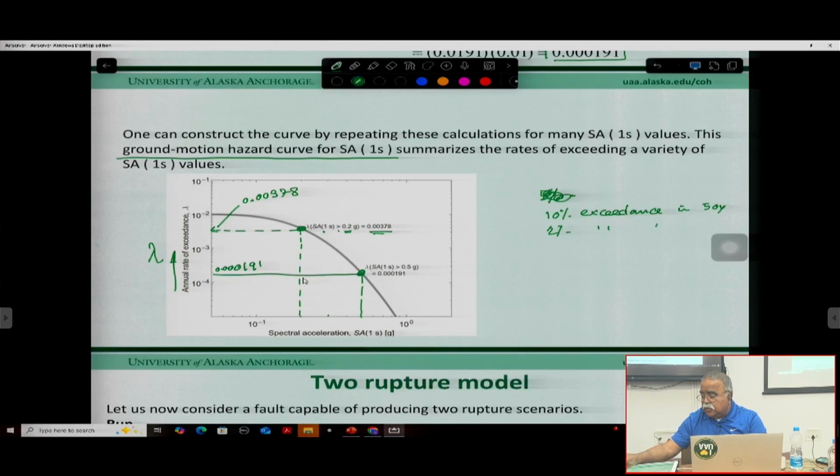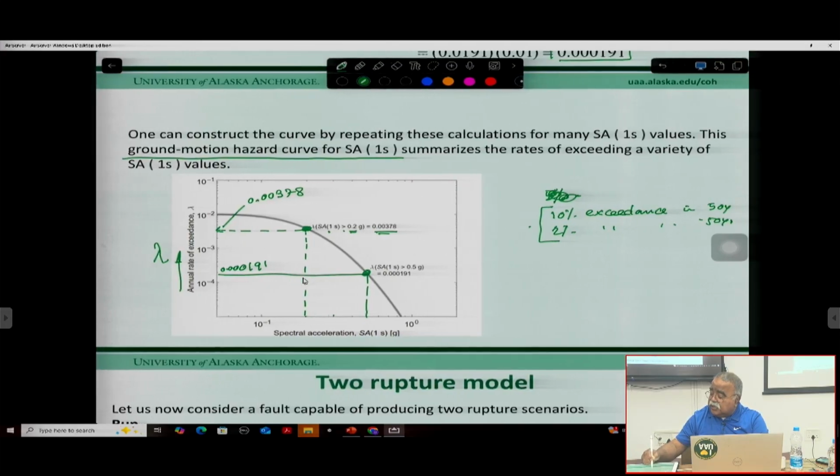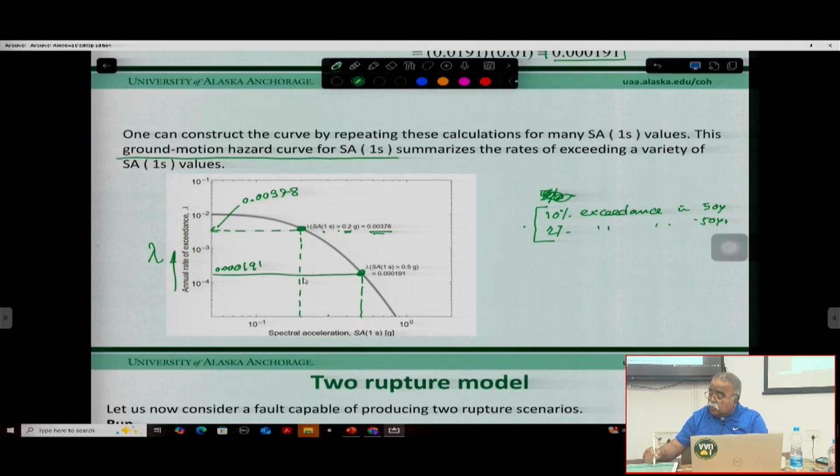So we are trying to give a spectral exceedance of some particular numbers, and then we see at that particular site what spectral acceleration will be exceeded, right?